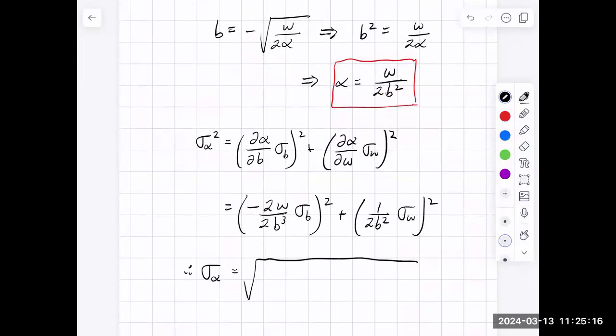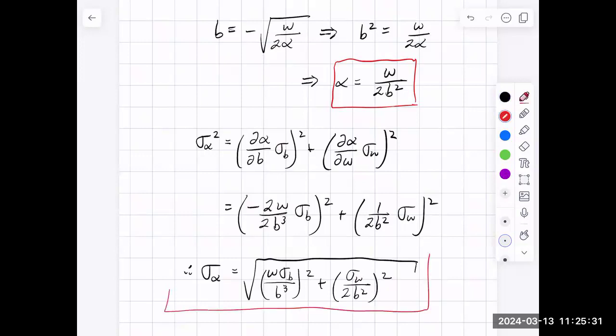I don't care about the minus sign. So we get omega sigma b over b cubed squared plus sigma omega over 2b squared, all squared. Okay, so you would get sigma b from your analysis of the linear fit, and sigma omega you would have to estimate from maybe the specs of the function generator or something like that. All right, good. Let's see, did I get that right?